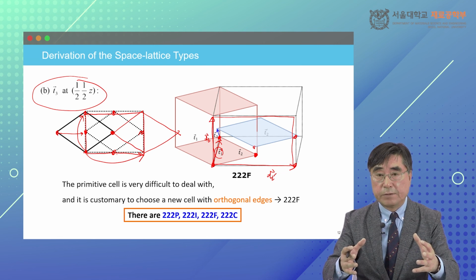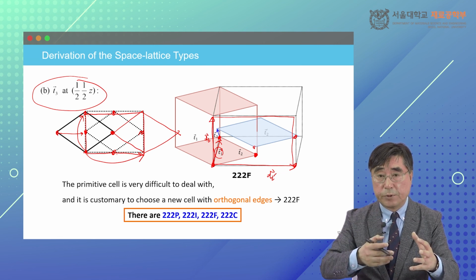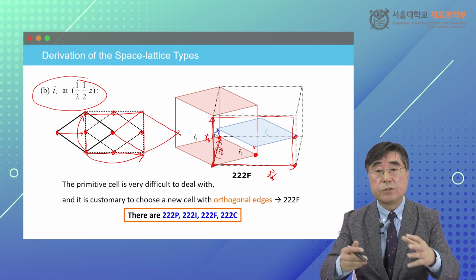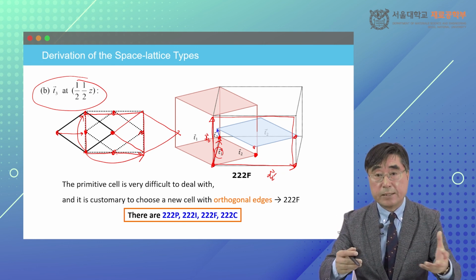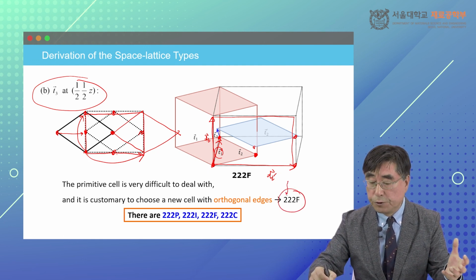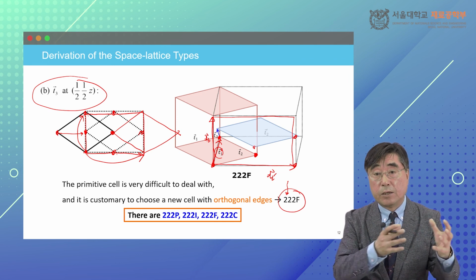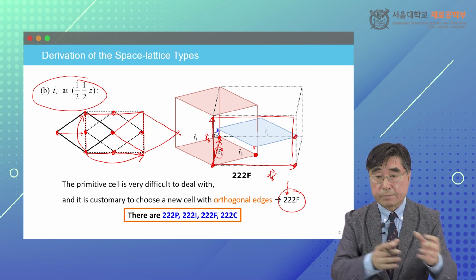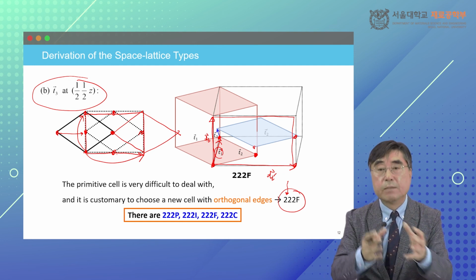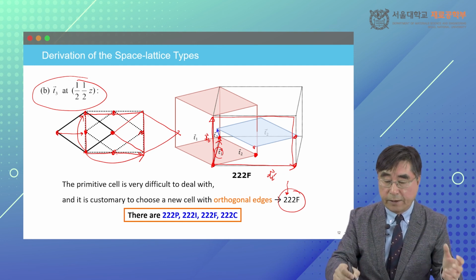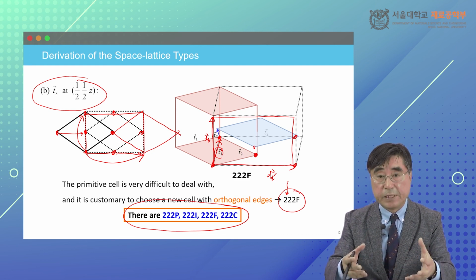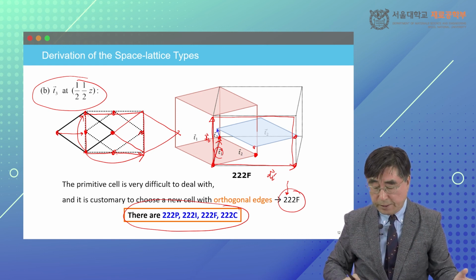Now I found out that there are all the extra lattice points at the center of each face. So a new Bravais lattice is developed, which we call 222F. 222 defines the orthorhombic crystal system. F defines face-centered orthorhombic Bravais lattice. So there are 4 different types of Bravais lattices that can be developed in these orthorhombic crystal systems.